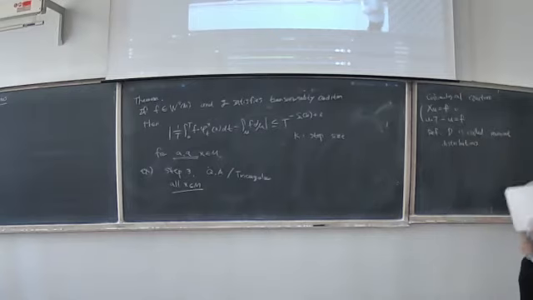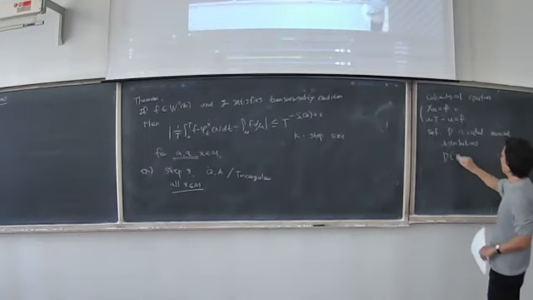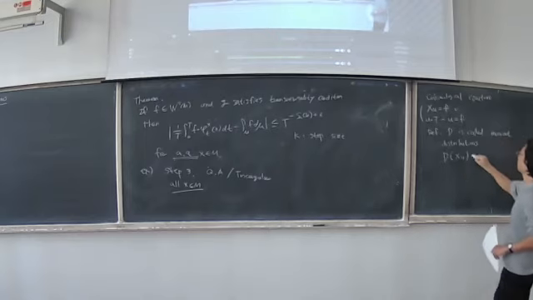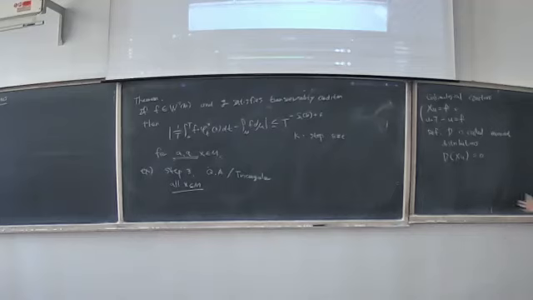So embedded distributions means that the d of Xu is equal to 0. Along the X direction, there is no change.